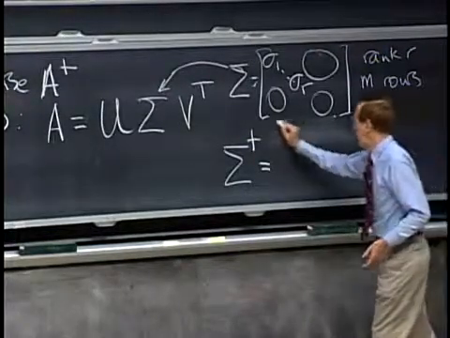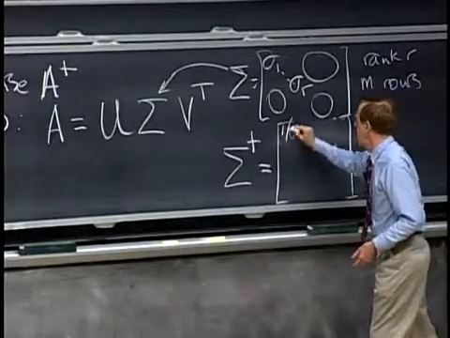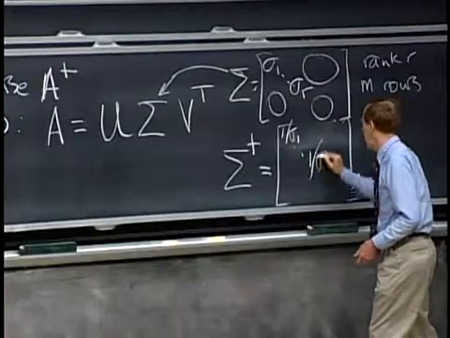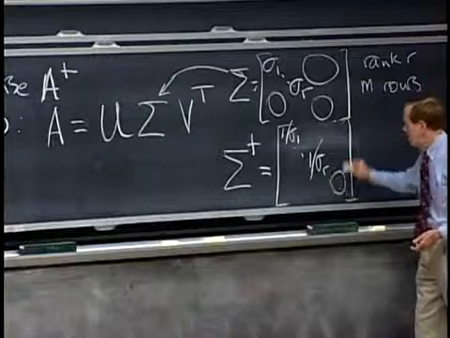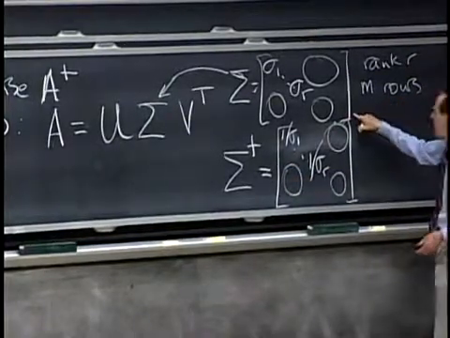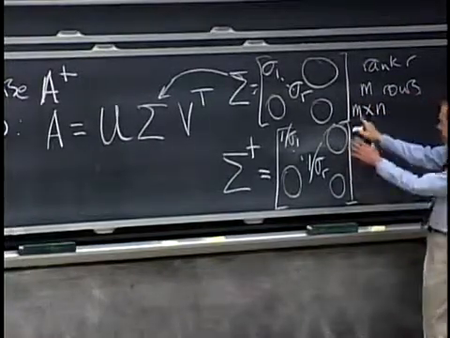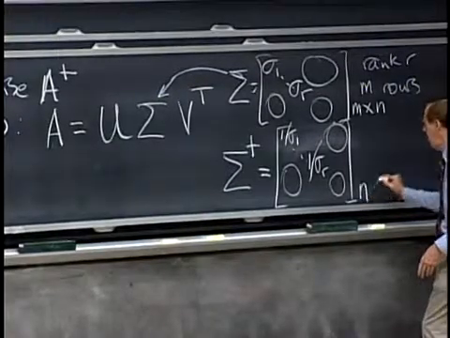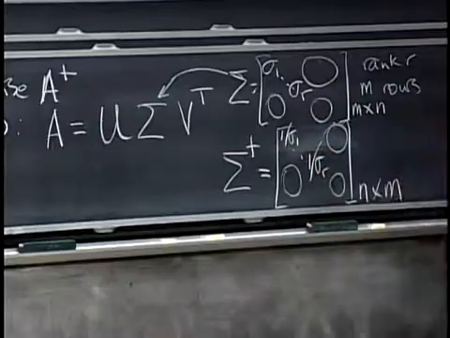The inverse would be 1 over sigma 1 down to 1 over sigma n. But of course, I'll have to stop at sigma r. And it'll be the rest zeros again, of course. And now this one was m by n. And this one is meant to have a slightly different, transposed shape, n by m. They both have that rank r.